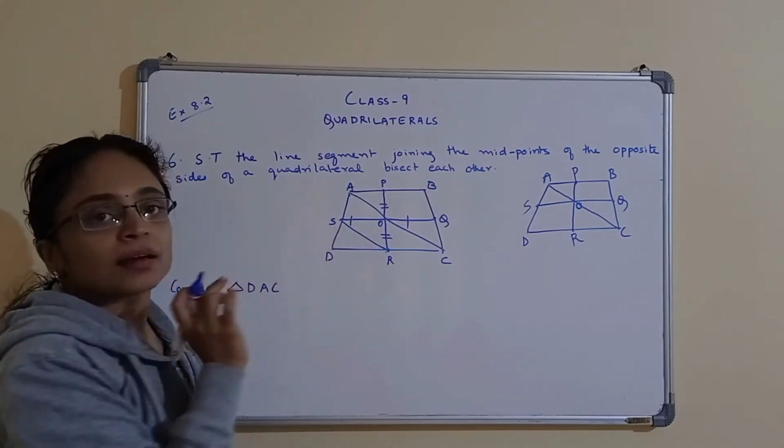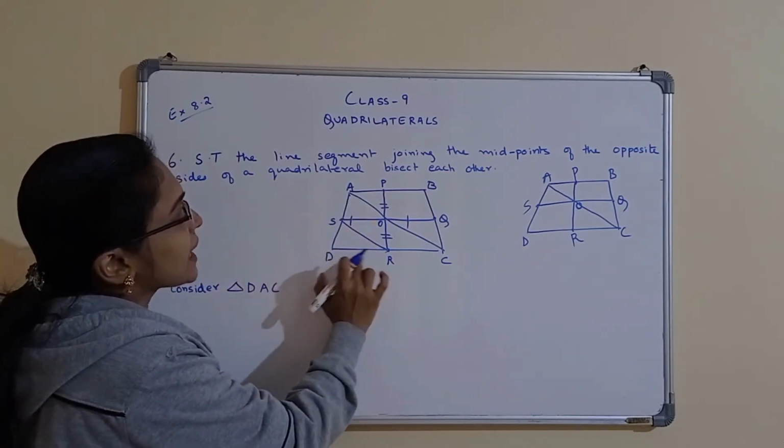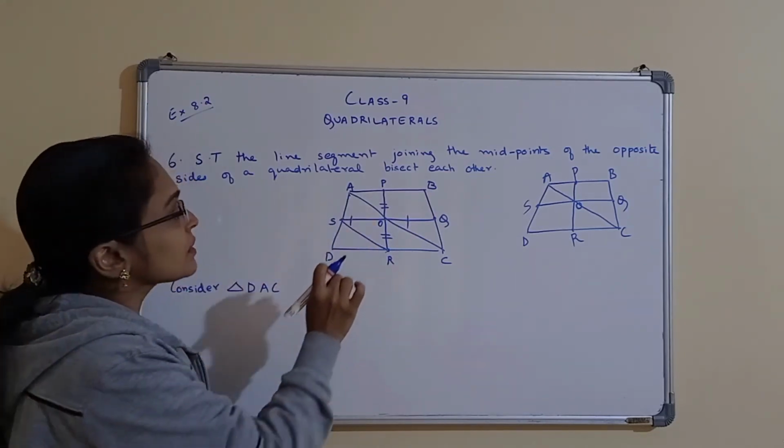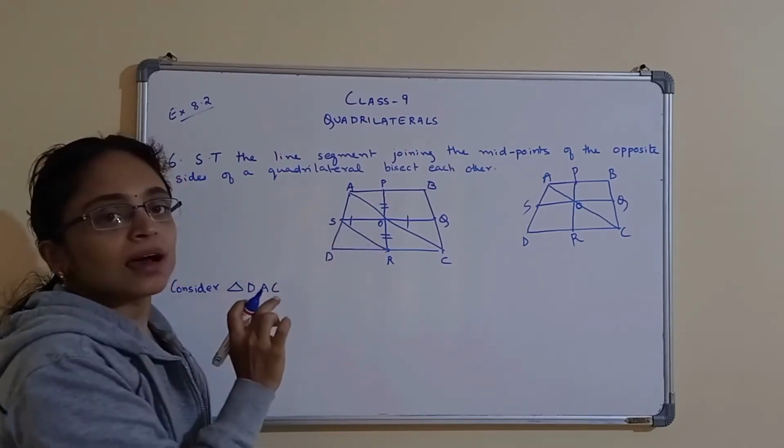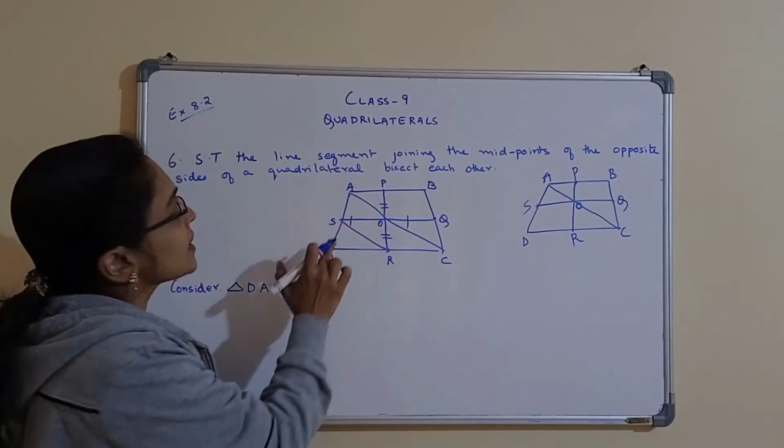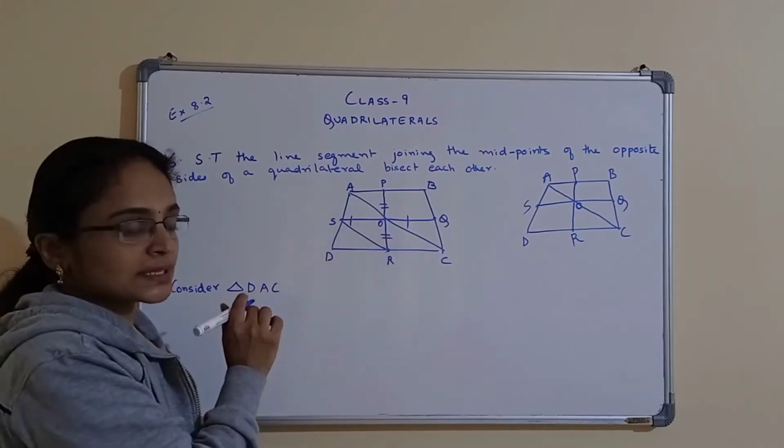So, if S and R are the midpoints of AD and DC, by midpoint theorem we can say that SR is parallel to AC and SR is equal to half of AC, right?